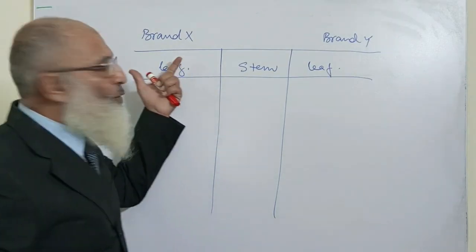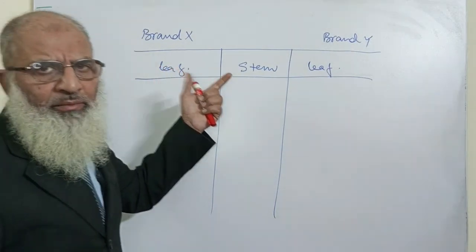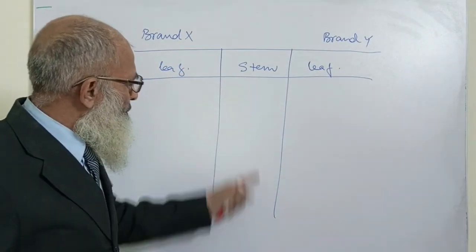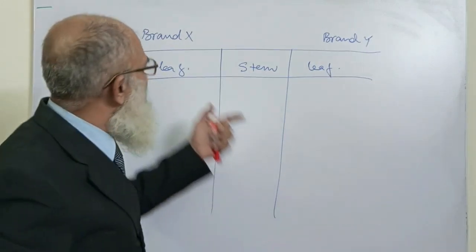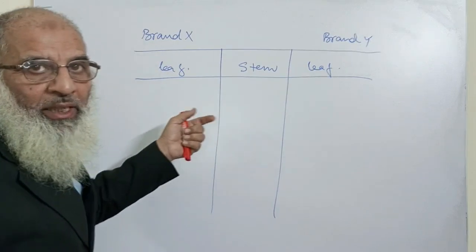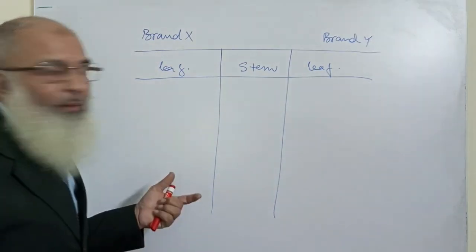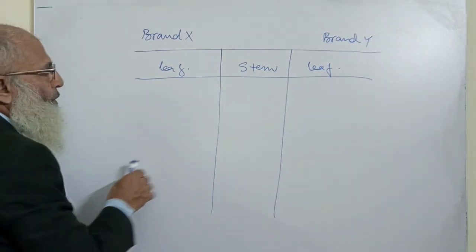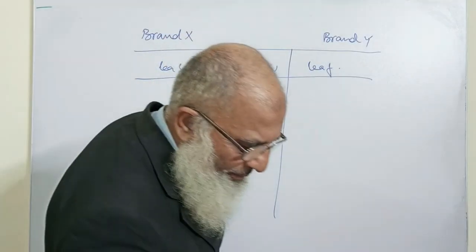Now there are two brands of anything. You just collected the data and you want to represent it on the same page, on the same plane. Then what will you do? You will write them back to back.